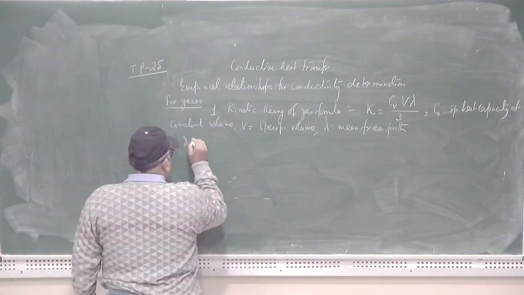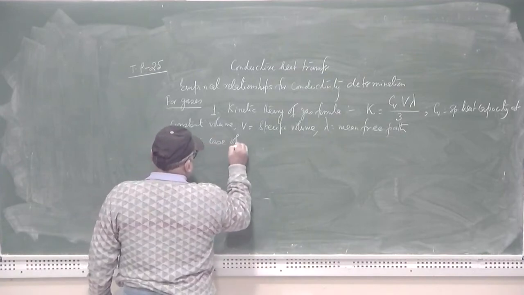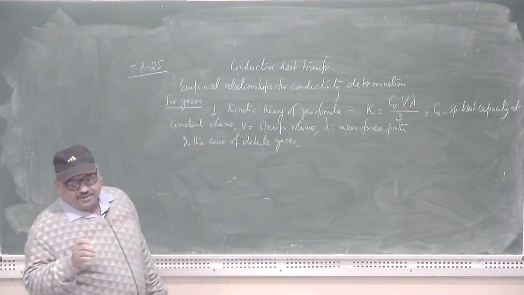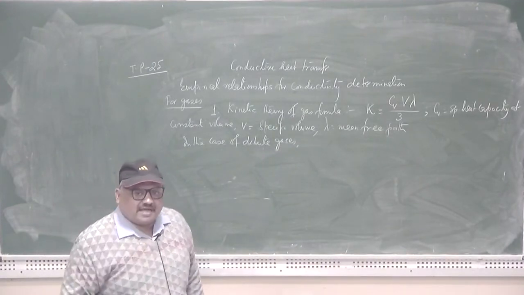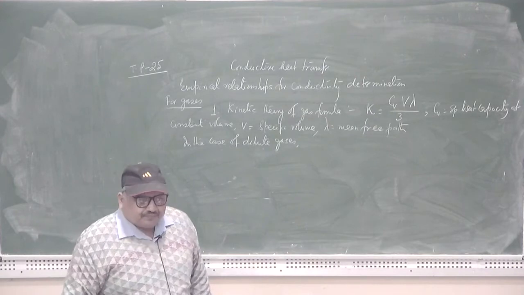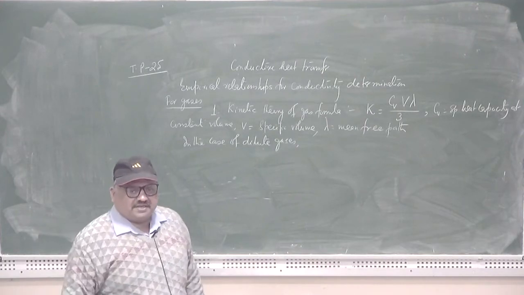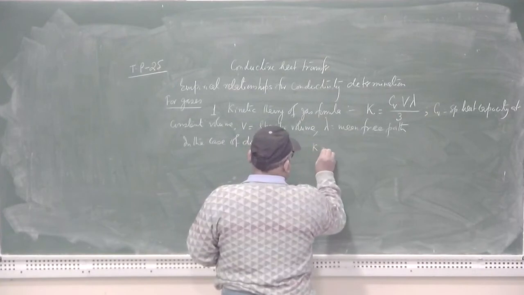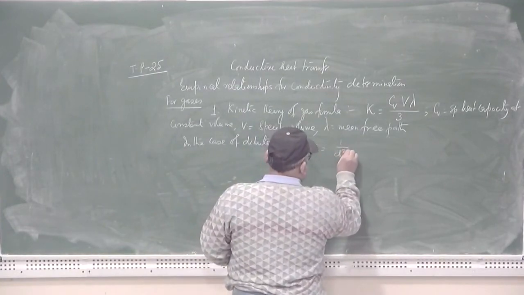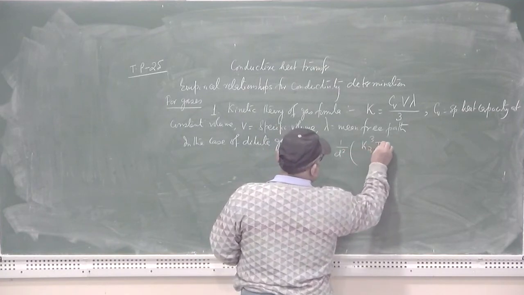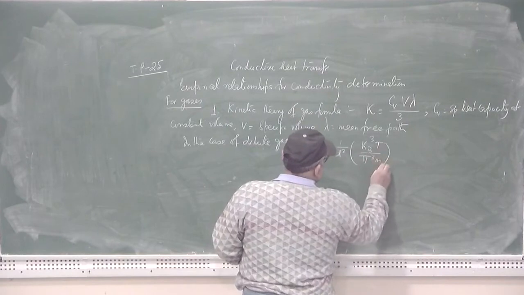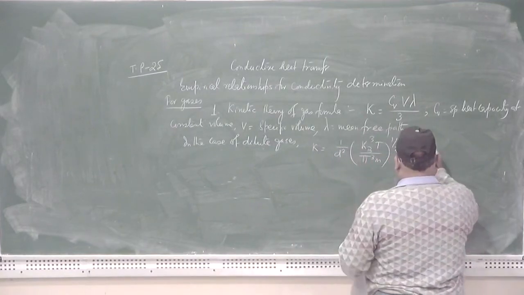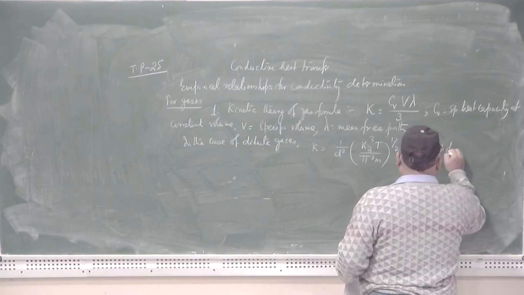In the case of dilute gases, that means where a mixture of gases is there, and you have to determine the thermal conductivity of one of the gases of that mixture, which is in very low concentration, the formula of thermal conductivity is K is equal to 1 by d square into Kb cube T divided by pi cube m raised to the power half, where Kb is the Boltzmann's constant.